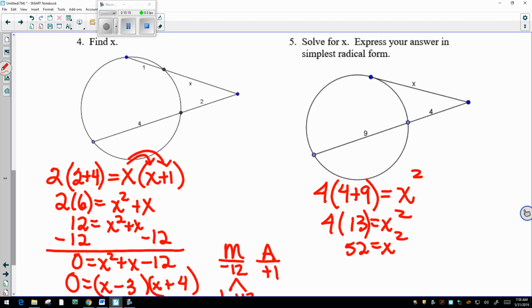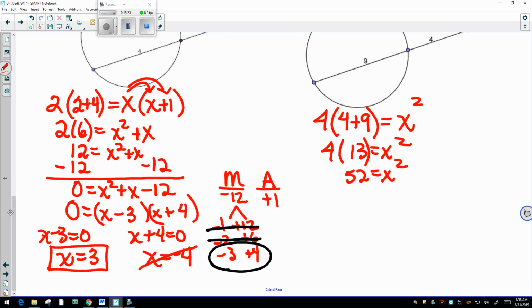Now, we have to keep this answer in simplest radical form. So when I square root 52, what this is saying is I need two numbers that multiply to be 52 where one is a perfect square. And nicely, if I look up above, that's actually broken down for me. So 4 times 13 gets me 52. 4 is my perfect square.